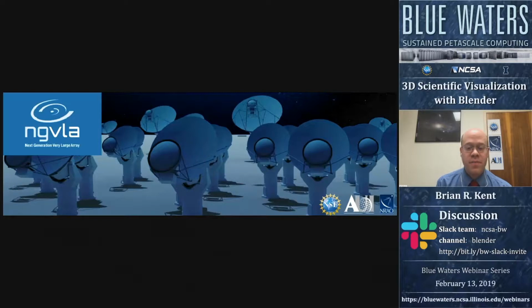And in the future, the NRAO is planning on building several hundred radio telescopes in the southwestern United States in a project called the Next Generation Very Large Array. So ngVLA will push the boundaries of data acquisition, calibration, data management, and data visualization. So it's a very exciting project that we're working on here at NRAO.